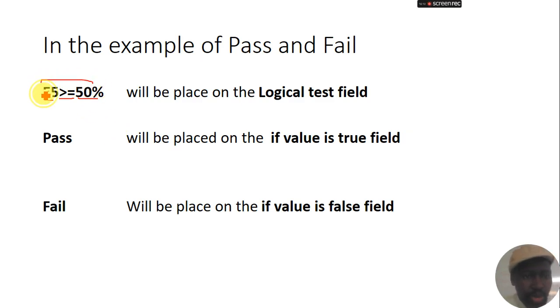You put it in the logical test in the function box, and in the value if true field, you put pass, and in the value if false field, you put fail.